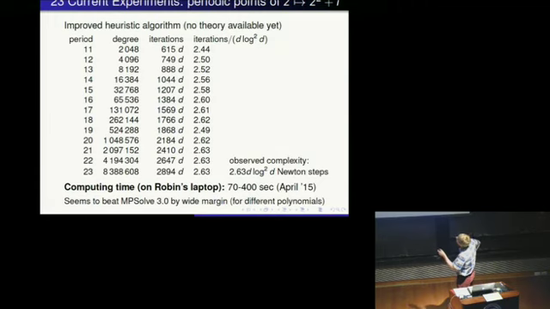And now we take this number divided by d log squared d, and out comes something which seems to converge very neatly. So in other words, at least for this class of periodic points, you find all the roots with 2.63, I don't know what that number is, times d times log squared d Newton steps, with very convincing numerics, I would say.